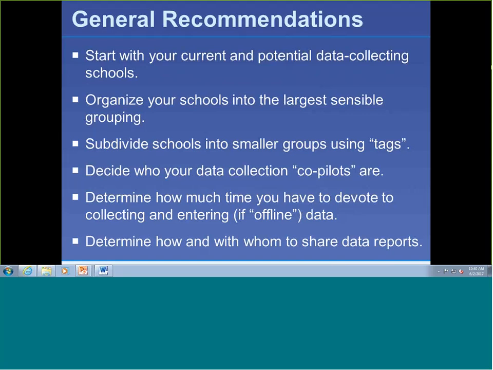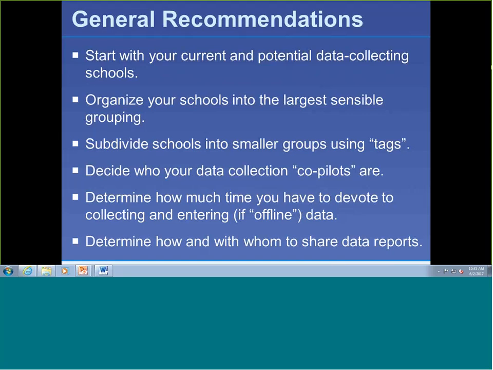And then how much time you have to devote to collecting and entering. I had given you before the estimates of how long it takes to input a parent survey or a student travel tally. Those are just for your information, just to let you know that it can be somewhat time consuming if you're using paper, but also know the audience about, are you going to do an online parent survey or an online tally?